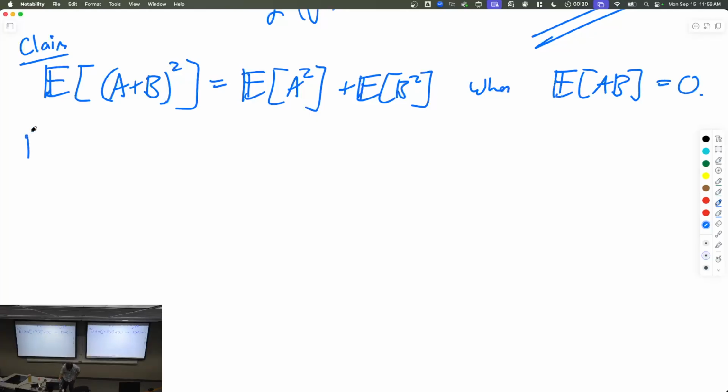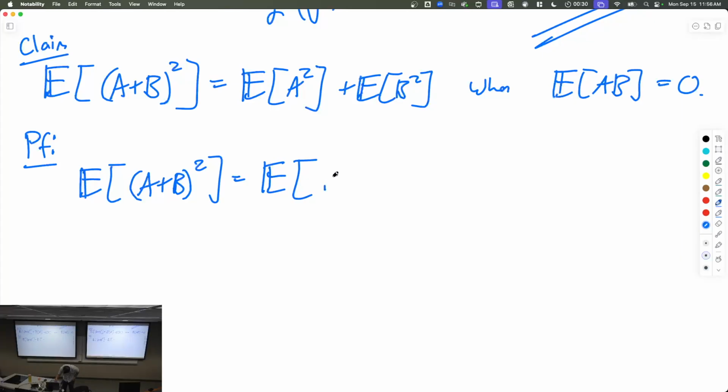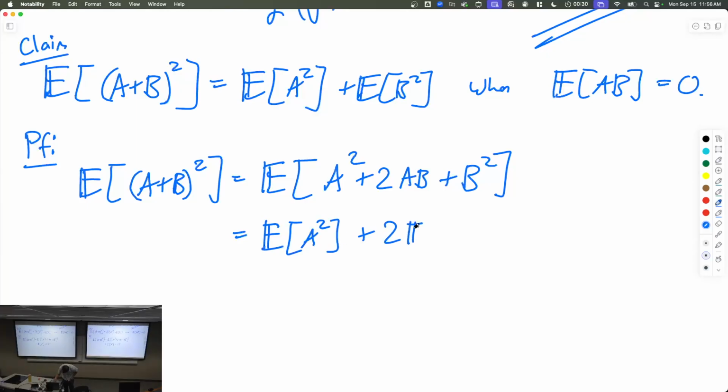Okay, here's the proof. All you do is expand things out. What is the expected value of (a plus b) squared? That is the expected value of: square the first term, square the last, double the product. Binomial theorem. And then the expected value is linear, so you can always move it in to these other terms. So this is the expected value of a squared plus twice the expected value of ab plus the expected value of b squared.